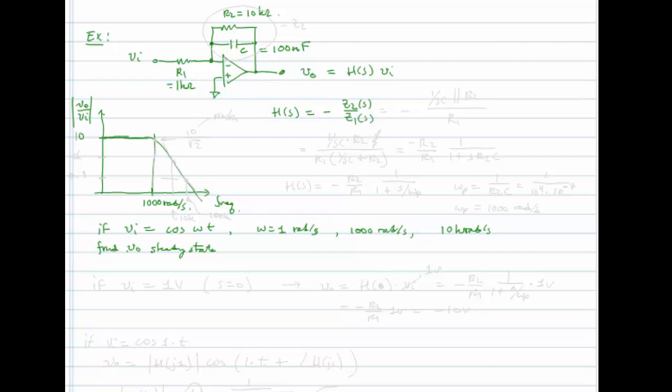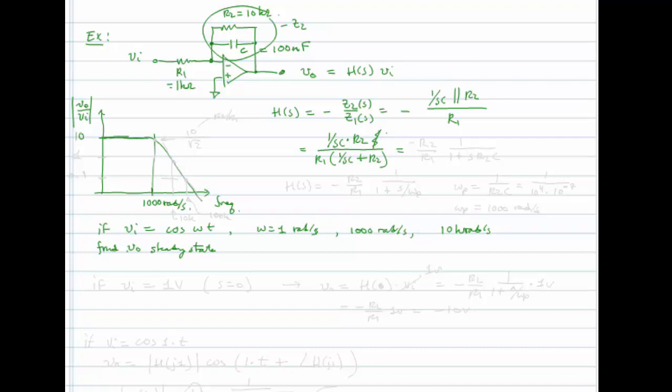In this case, Z2 is 1 over SC in parallel with R2, divided by Z1, which is just R1. So we have 1 over SC times R2 divided by 1 over SC plus R2.